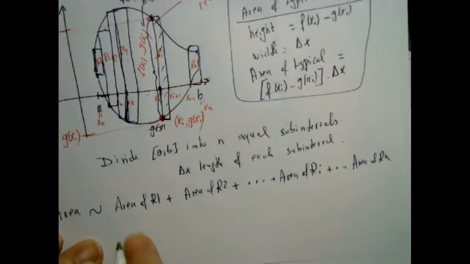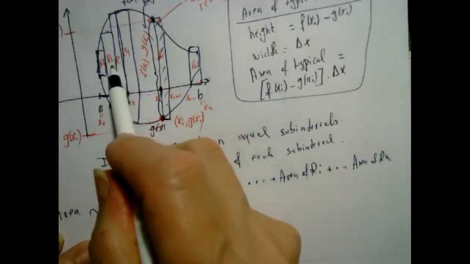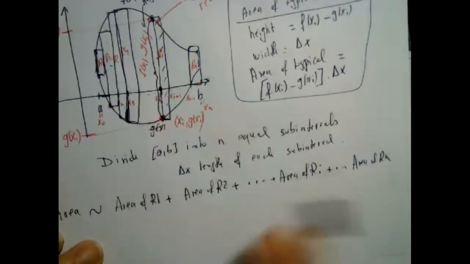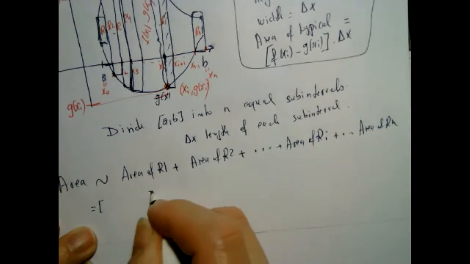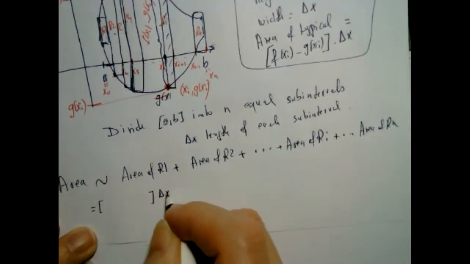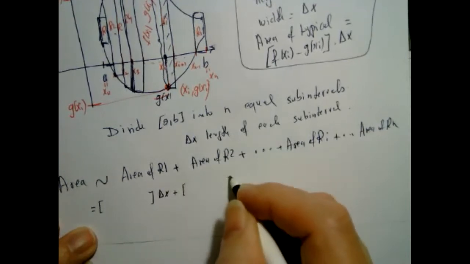So we're approximating it. The area of the first plus the area of the next, and so on. I know it's a little bit tedious, but that's okay. So I'm adding area.